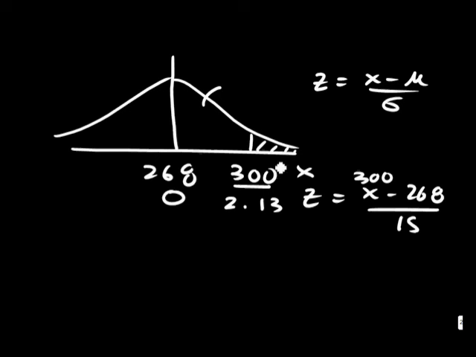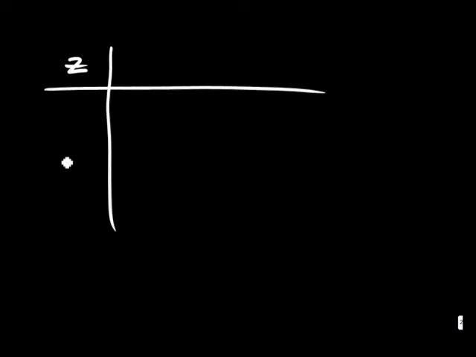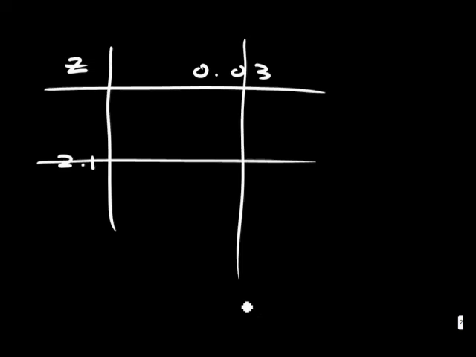This is a right tail, so the answer is going to be 50 minus that percent of the bow that is not shaded. Z 2.1 row, 0.03 column, you get 4834.